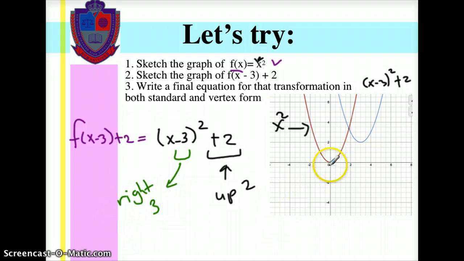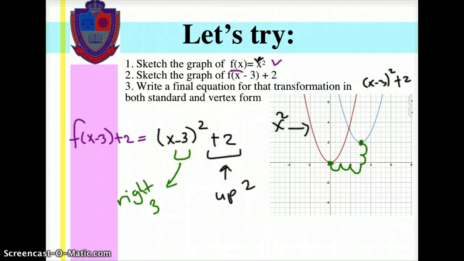So this is my starting point. I went 1, 2, 3, and then I went 2 up, and that's where my new point is. Let's do that again so you can see what it means. This is where I started. It says I go to the right 3 and then up 2. So I go 1, 2, 3. That's 3 right, 1, 2, and that's where my new vertex is.